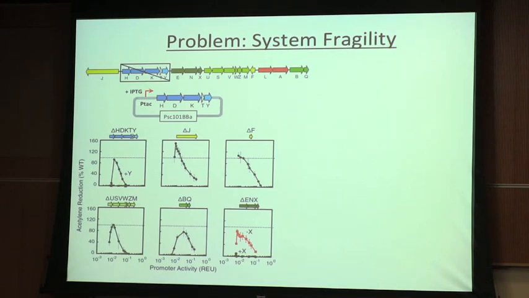And what we found is that this is a very fragile system where if you look at it funny, you very quickly lose activity. And so you can see that here, where you have to balance the expression level of the genes just right. And if you're too low or too high, you very quickly lose activity.